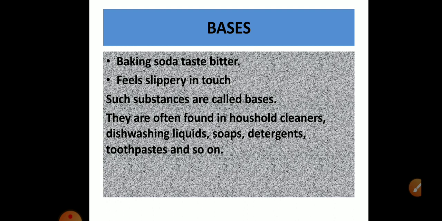Substances like baking soda that are bitter in taste and give a slippery touch are called bases.